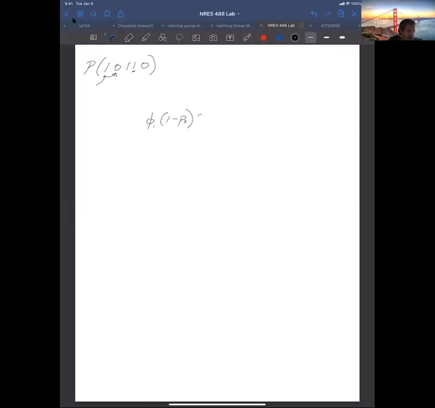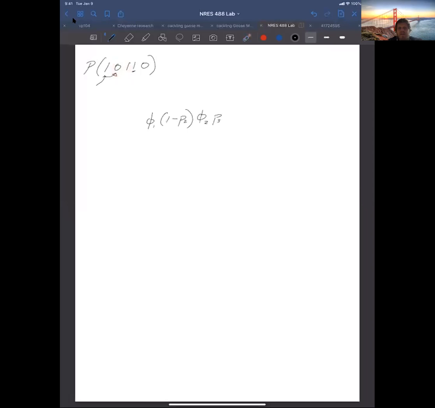And then it survived the second time period. From here to here is the second time period, and we did see it in the third time period. So phi always has a lag on the subscript of 1 compared to p.